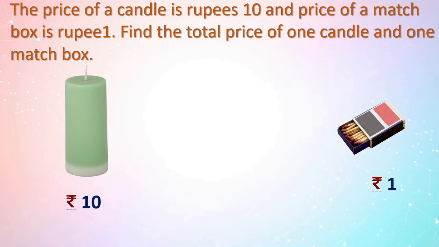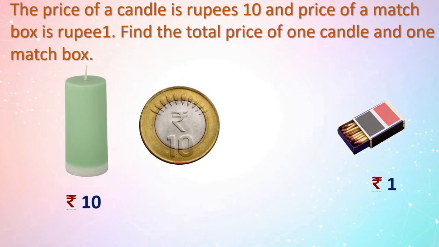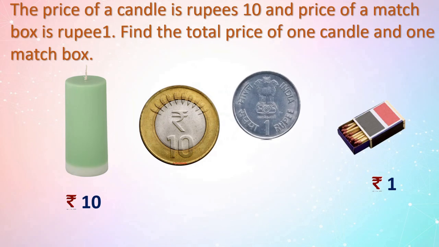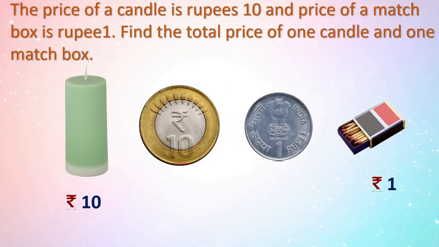Okay, now the girl purchased both the candle and the matchbox. Okay, how many rupees she has to pay for the shopkeeper? Yes, the price of the candle is 10. Okay, 10 rupee one coin, and the price of this matchbox is rupees 1, so 1 rupee coin. 10 plus 1 is, yes, very nice, 11.